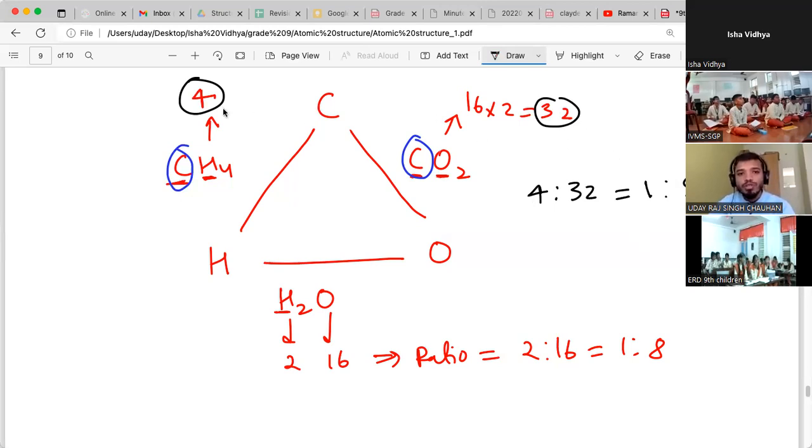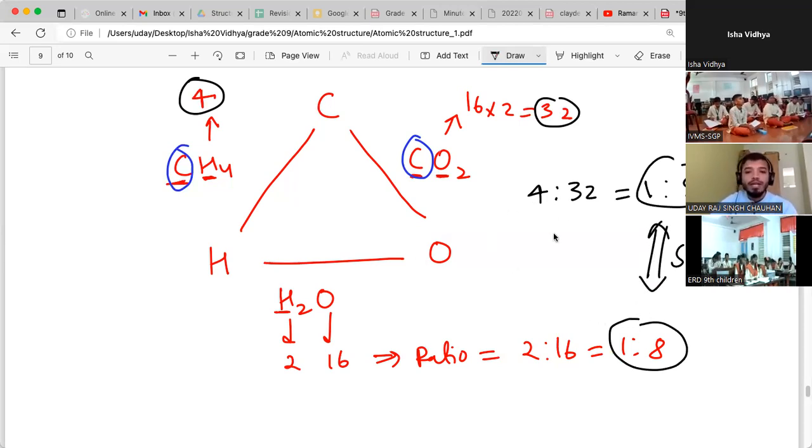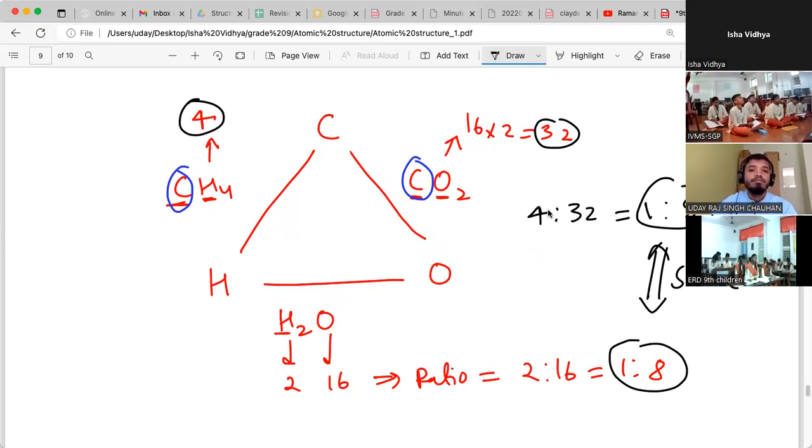So this ratio is the same here. These ratios will be the same or a simple multiple of each other. I hope it's not confusing. We will take one more example. We are taking 3 elements.